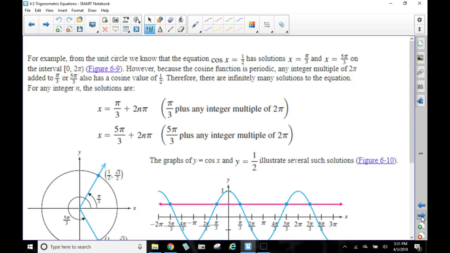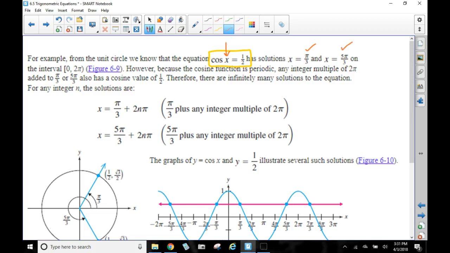For example, from the unit circle, we know that if this is our equation, cosine x equals 1/2, we're wanting to get in there and solve for x. We're basically wanting to say what are all the angles that have a cosine value of 1/2. Well, the cosine of pi over 3, 60 degrees, is 1/2.